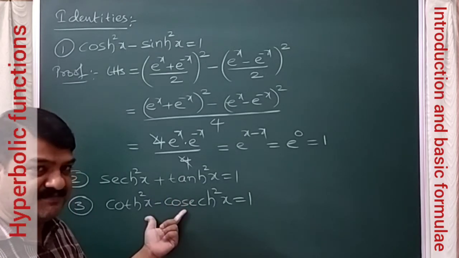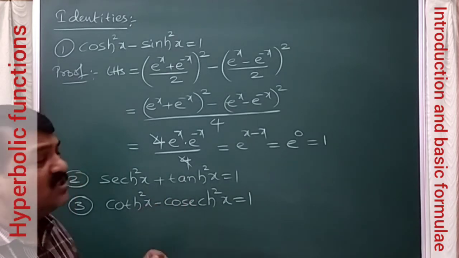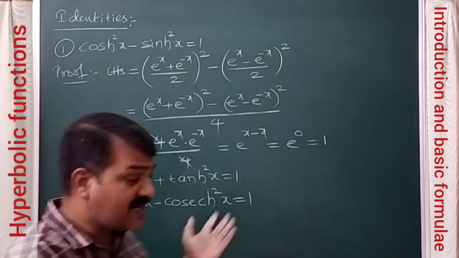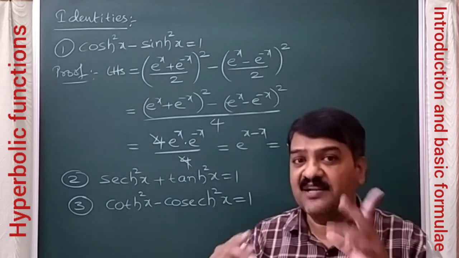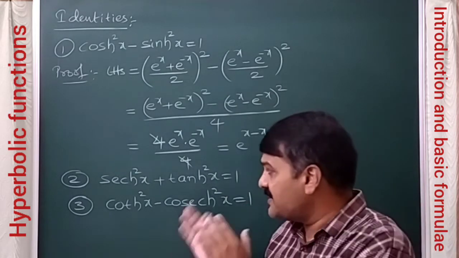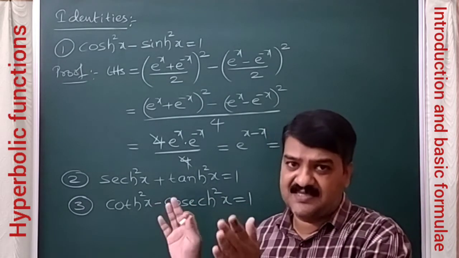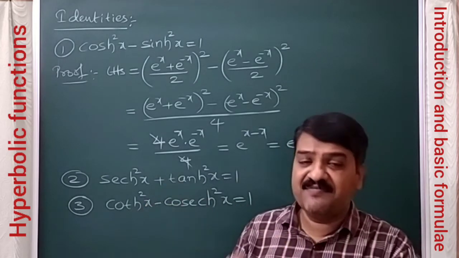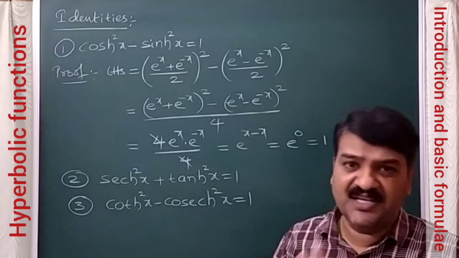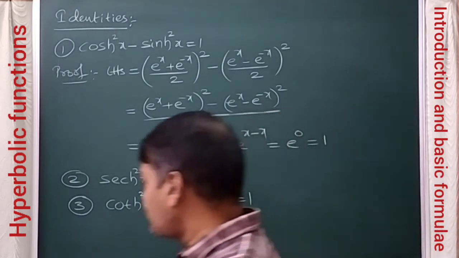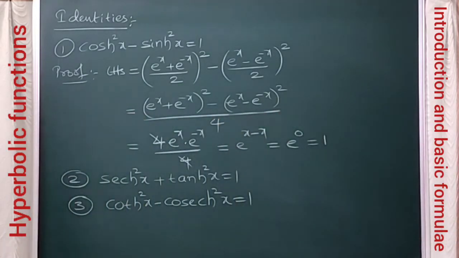So all three identities are different when compared to the identities of trigonometric functions. There will be slight variation in the formulas when comparing trigonometric functions and hyperbolic functions. These are the basic identities.